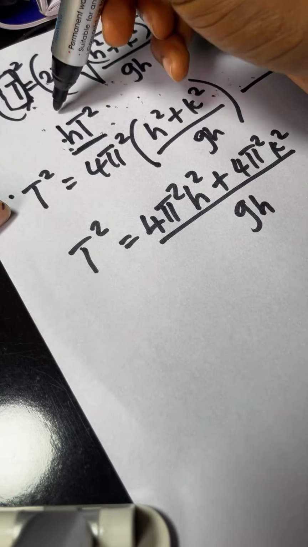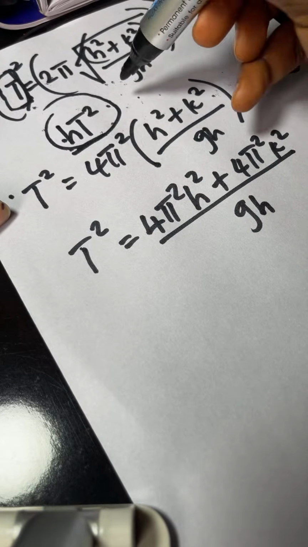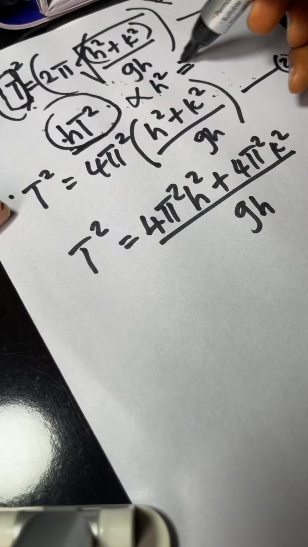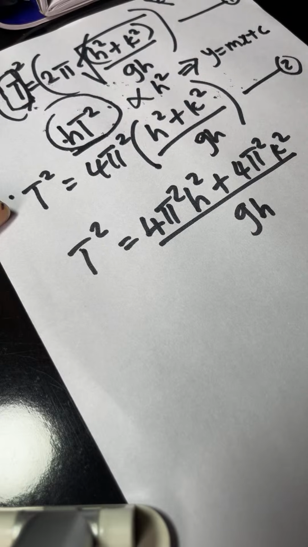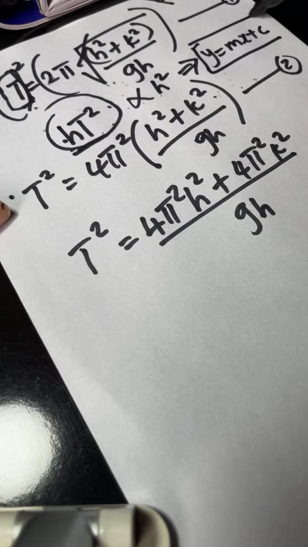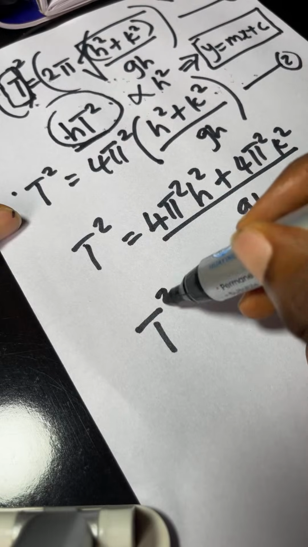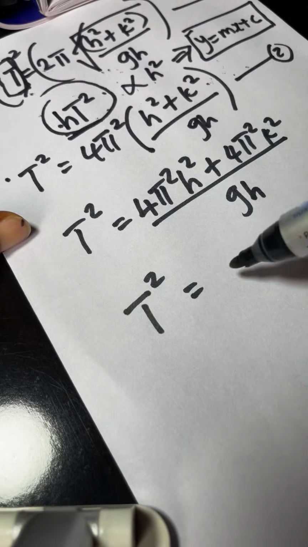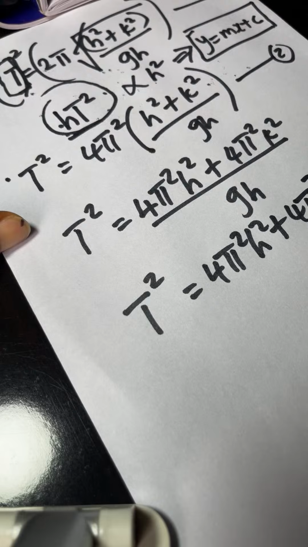Now remember, make this subject formula against h square. Now what we are trying to do is to make this equation look like y is equal to mx plus c. This is what we are trying to do here. So therefore, T square is equal to 4 pi square h square plus 4 pi square k square all over GH.